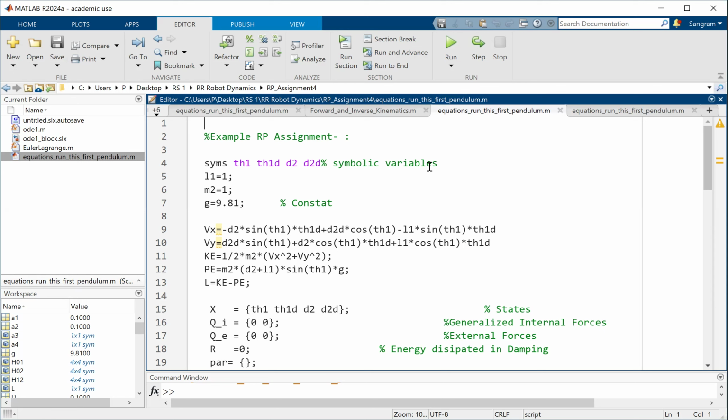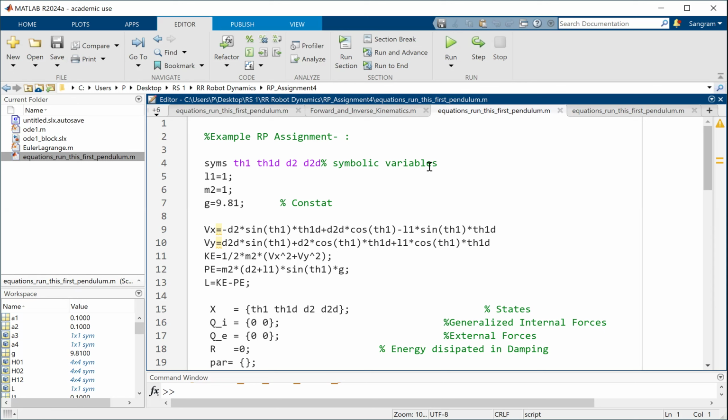Py is equal to A1 plus D2 sine theta 1, d by dt of Py. This is nothing but Vx. This is nothing but Vy.